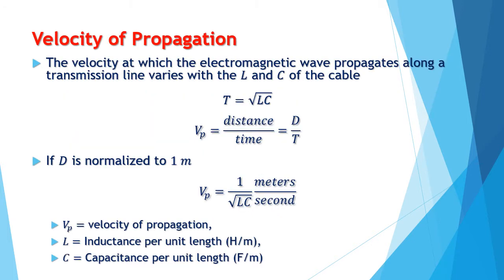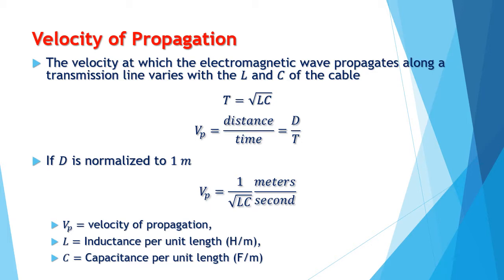Velocity of propagation. The velocity of propagation is the velocity at which the electromagnetic wave propagates along a transmission line, and this varies with the inductance and capacitance of the cable. So we have the formula T = √(LC). And then V_p is equal to distance over time.